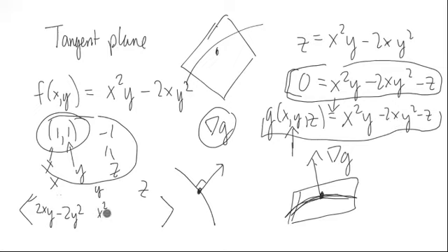I'll put commas in here, it'll help me there. So that's the derivative with respect to y. Let's make sure that's accurate. Yeah, I think so. And then with respect to z, it's pretty simple. Those are just constants. With respect to z, it's just a -1.